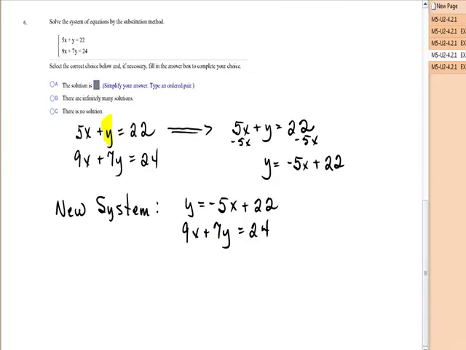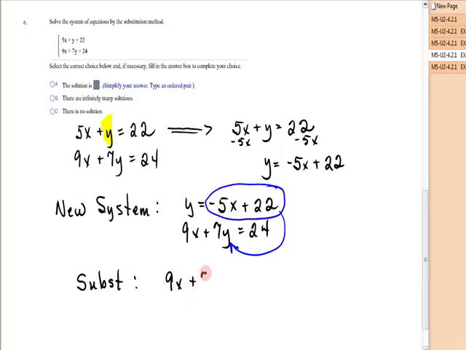It is ready for me to substitute because this expression is equal to y. I can put it in the place of y. So I will substitute. I have 9x plus 7 parentheses, negative 5x plus 22 is equal to 24.